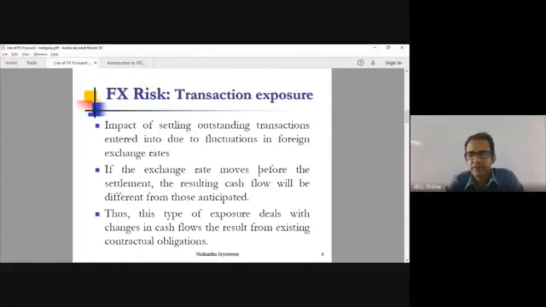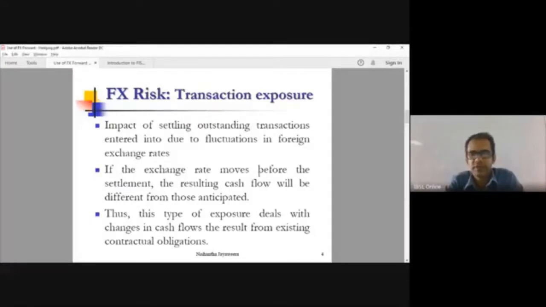from the exchange rate which was there on the date that you entered into the transaction. Say you entered into the transaction and agreed on the price today, but you may deliver your goods in December. In these 4-5 months, the exchange rate may move.